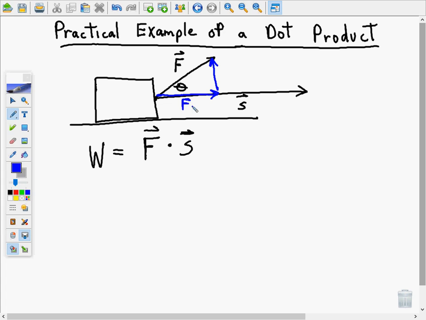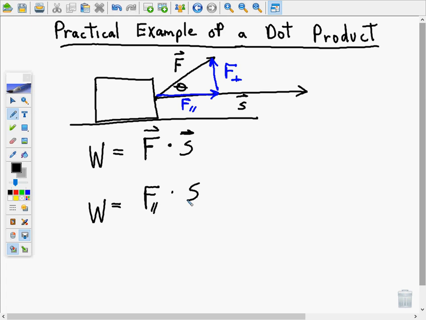This is the part of F that's parallel to S. This is the part of F that's perpendicular to S. And when push comes to shove, if we want to calculate that dot product, we take the part of F that's parallel to S and multiply it by the magnitude of S.